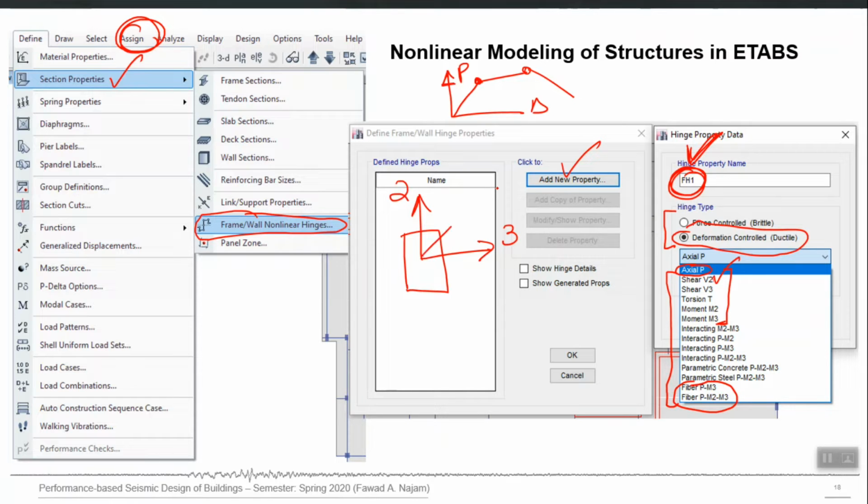The 1 axis is by default the longitudinal axis in all the CSI programs. If this is the beam length along that side, so 1 is by default the longitudinal axis, and 2 and 3 are cross sectional axes. So M2 means moment about the 2 axis, M3 means moment about the 3 axis, and V2, V3 mean shear about the 2 and 3 axes, right?